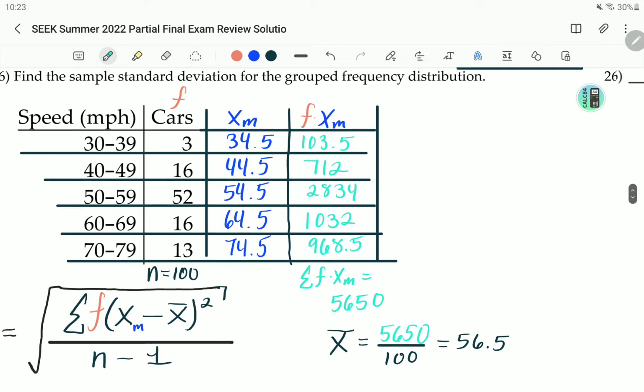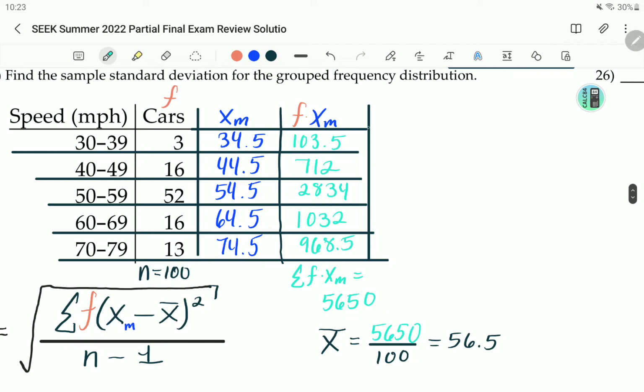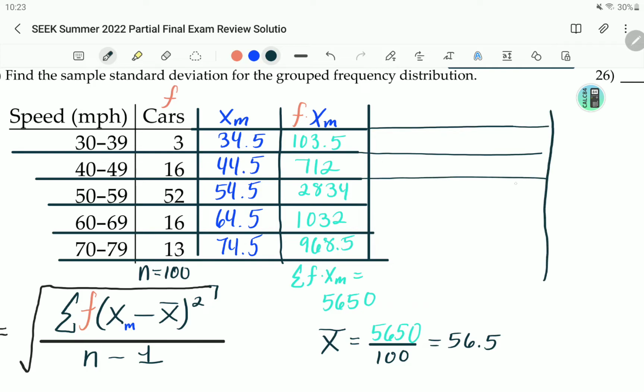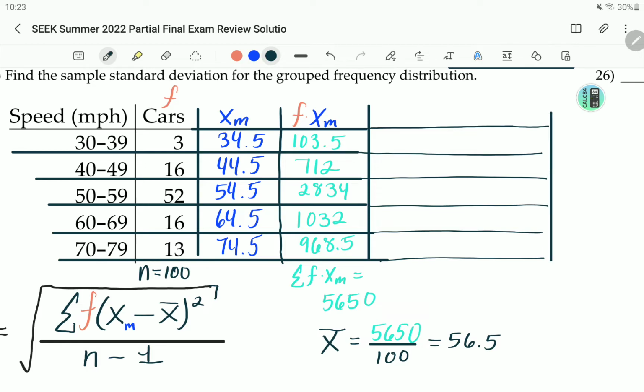So let's add 2 more additional columns. Actually, you know what? We can add 1 more additional column. I don't think I need to add 2 more. This next one is going to be the frequency in parentheses, times the midpoint minus the mean, squared.